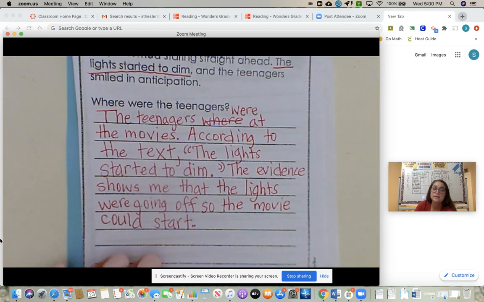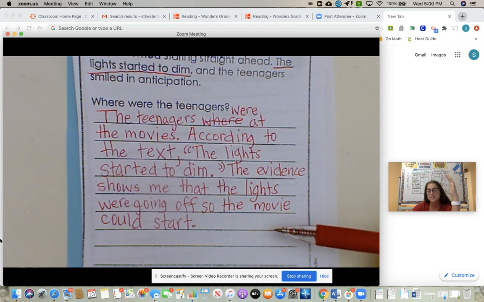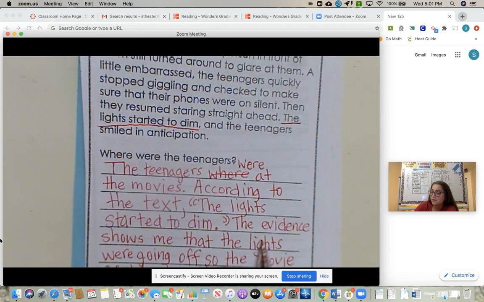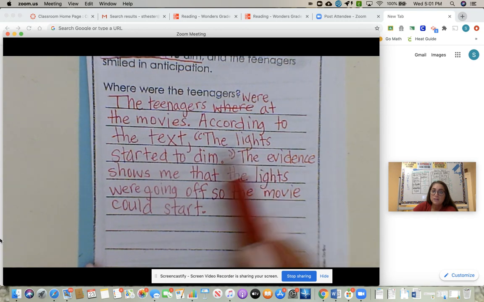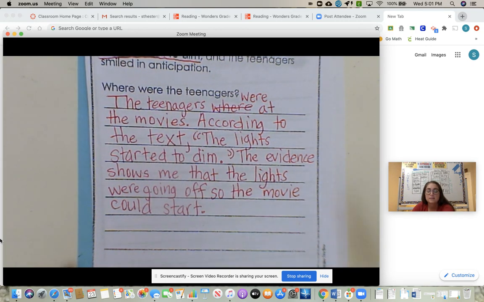You can word it however you think, but in my mind, I'm thinking the evidence shows me that the lights were going off. Dim means it is going lower. Some movie theaters do turn the lights off. So the movie could start. That is our explain. We are explaining how the light started to dim has anything to do with them being at the movie theater.